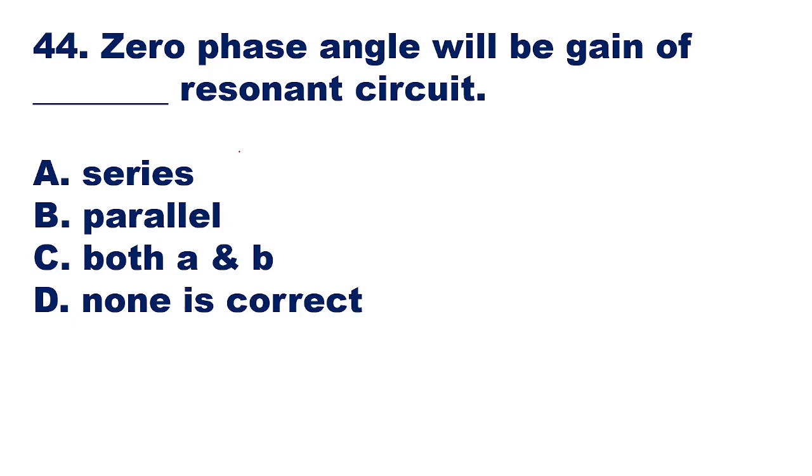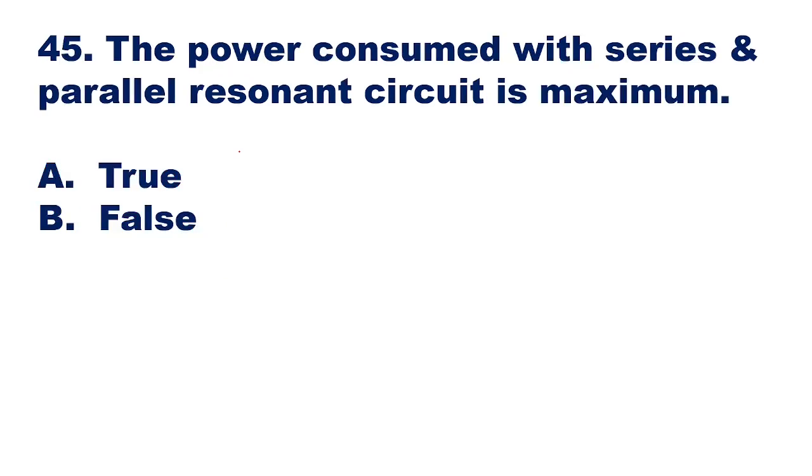So option C is the right answer here, both A and B, because A is series resonance circuit and B is parallel resonance circuit. Both are circuits where the phase angle is 0 at resonance. That is, the current is in phase with the voltage. Then we'll go to the next question.